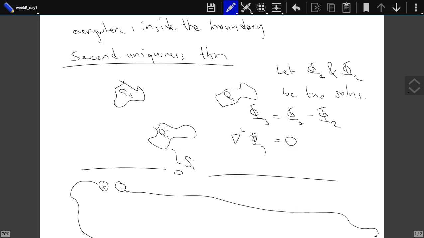And so they will create this potential phi2 and electric field E2. Is it possible that phi1 and phi2 are different? Is it possible to create different charge configurations in our metal by preparing our system in different ways? And we will prove that it's not possible.